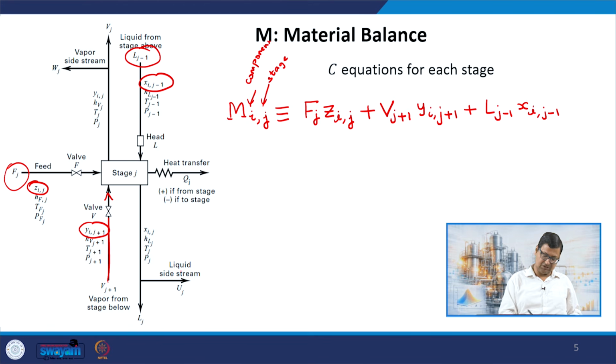Okay. Then we should look at what is going out. So what is going out is these two streams, Lj and Uj, and clearly they are going to have the same mole fraction.